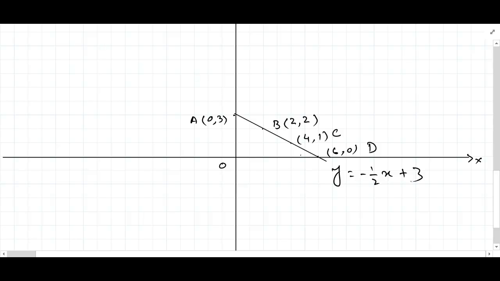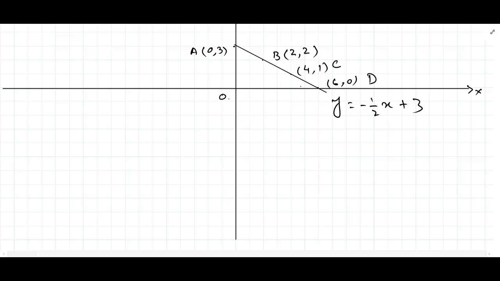Similarly, we will draw the second equation, which is y is equal to 5x minus 10, and for that the first pair of values is 0, minus 10. So minus 1, minus 2, minus 3, minus 4, minus 5, minus 6, minus 7, minus 8, minus 9, and minus 10. That's the point right here, 0, minus 10, and let's call it A dash.